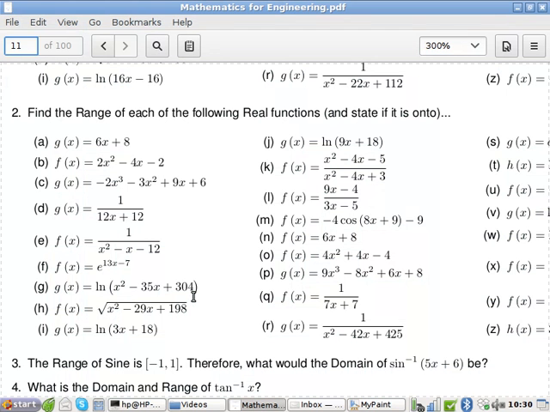Right, C. What is the range here for C? Same thing as the first one. No, the second one. Derivative?